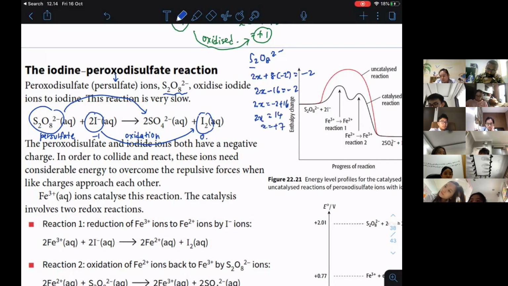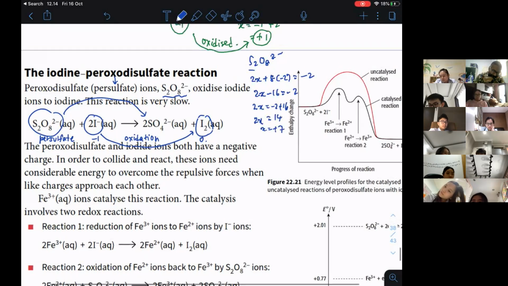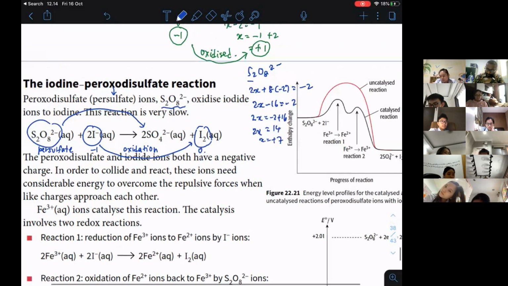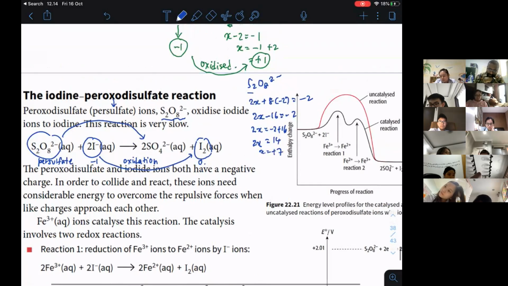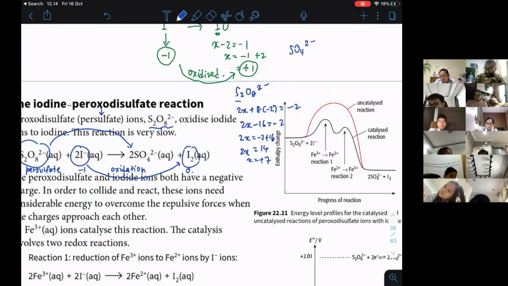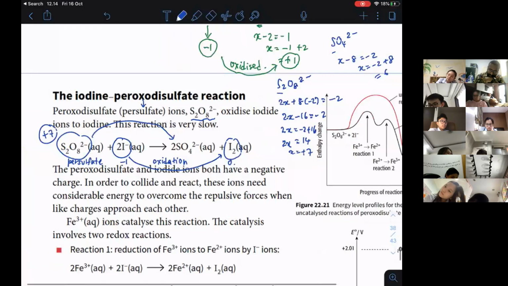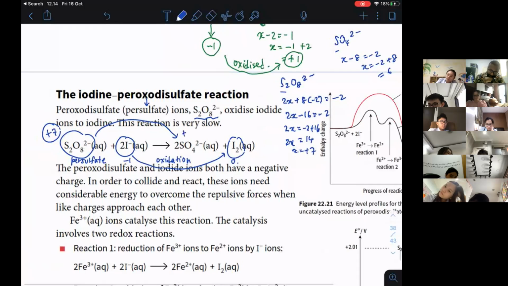So this is +7 for sulfur. For SO4 2 minus, x minus 8 equals -2, x equals -2 plus 8, you get +6. So you can see that is reduction.